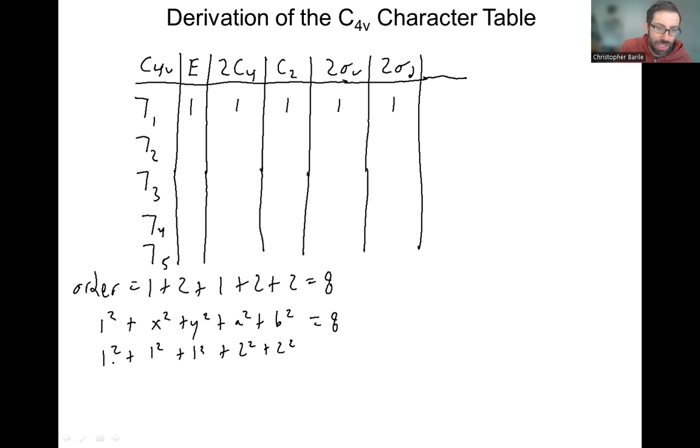Because 1 plus 1 plus 1 is 3. So there should be 1 more 1 here. 1 plus 1 plus 1 plus 1, that's 4. Plus 2 squared is 8, right? So that's really nice because now we can fill this part in. And so we're sort of puzzling this out with different character table rules.